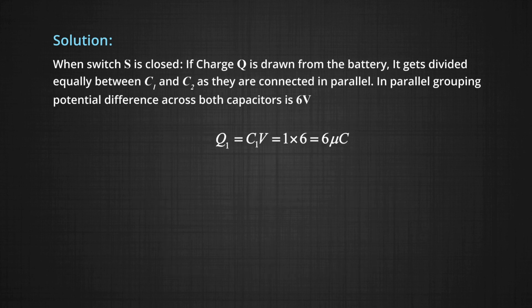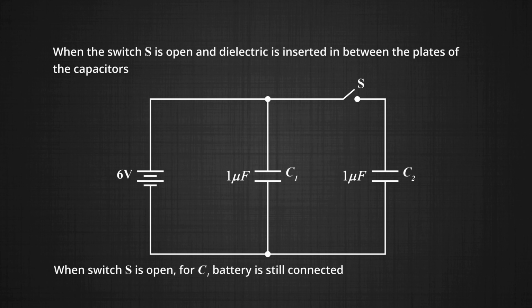Therefore, Q1 will be equal to C1 into V, which on substituting the values will be equal to 1 into 6, that is equal to 6 microcoulomb. Similarly, Q2 will be equal to C2 into V, which is equal to 1 into 6, which is equal to 6 microcoulomb.